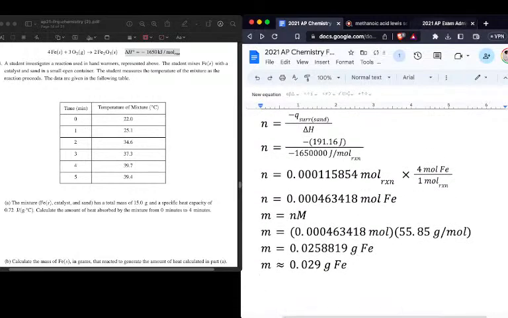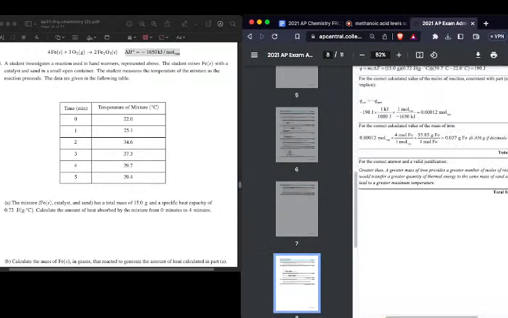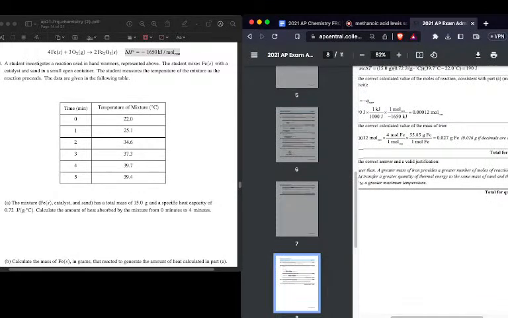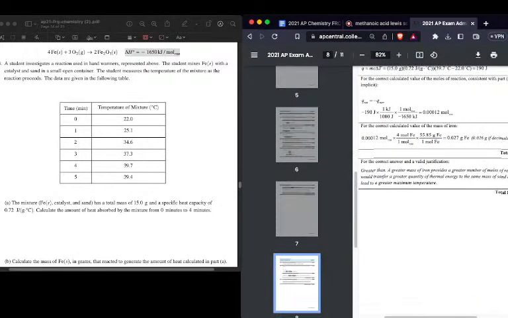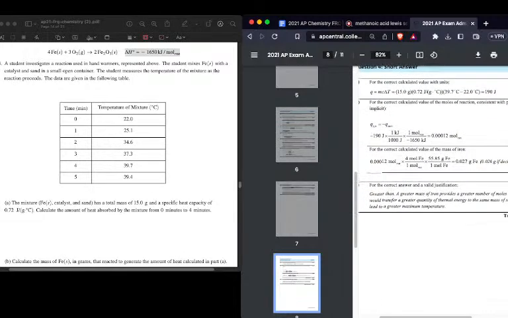I'm going to double check that answer to make sure I'm not leading you astray. Huh, they got 0.026. Oh, they use the rounded number all the way through? I think that's bad form. I know that it's 2 sig figs, but I like using the unrounded form until the very end.